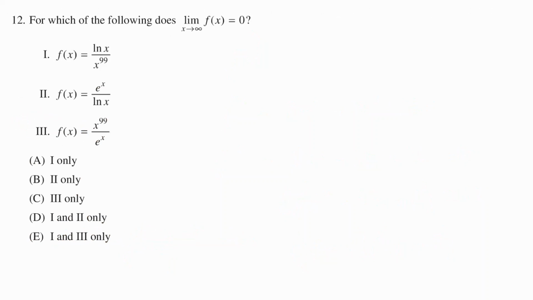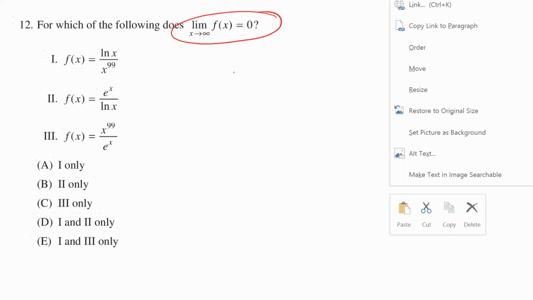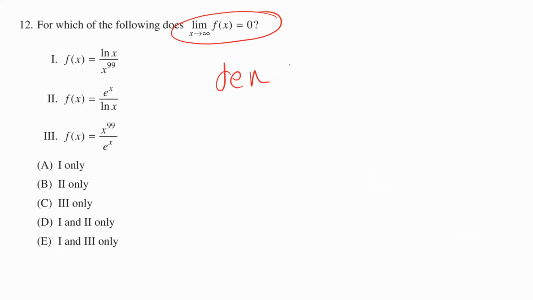Here's our horizontal asymptote discussion, when it's our degree discussion. So when our degree in our denominator is greater than our degree in the numerator, that is when our limit equals 0. So which one's going to win the race? Right here, we've got logs always lose, so this one is a winner.